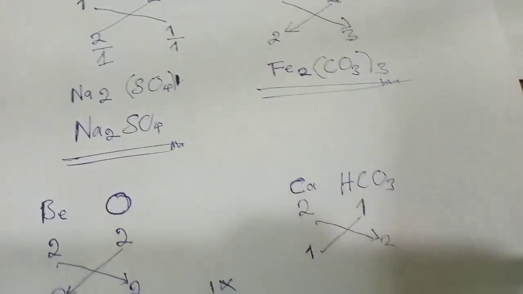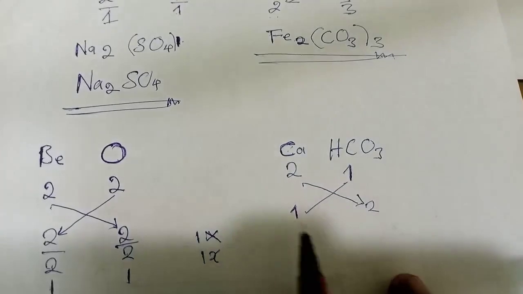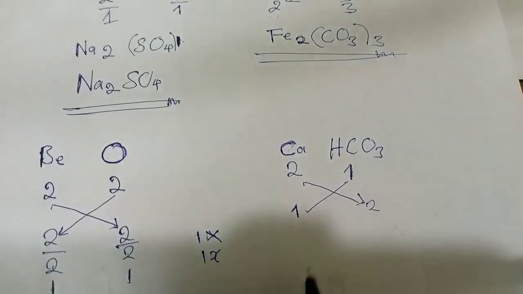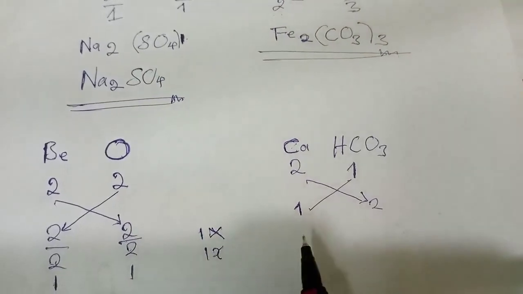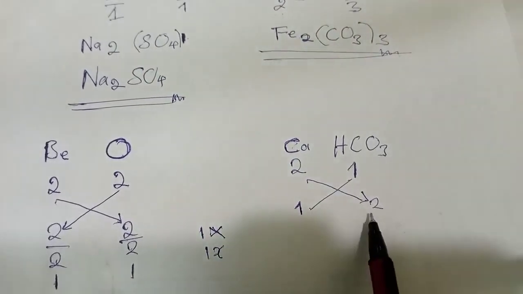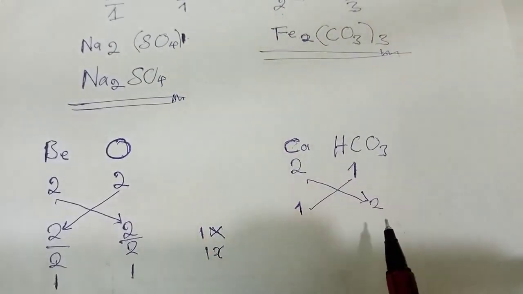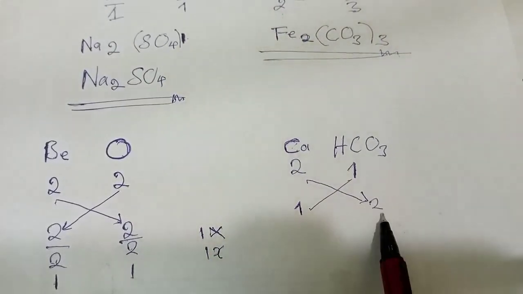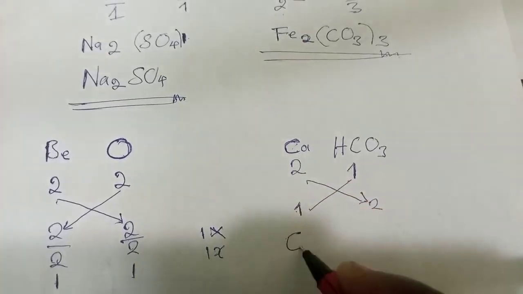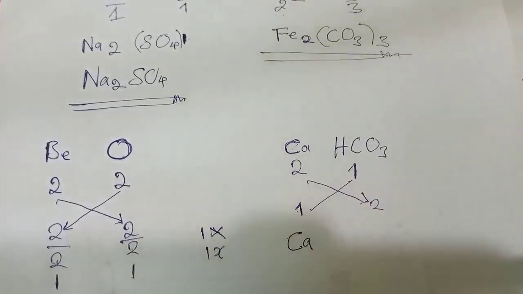If you look for a common factor, the number that you can divide into both numbers without leaving a remainder, that number is actually 1. When you divide 1 into 1, it gives you 1. When you divide 1 into 2, it gives you 2, meaning that these numbers will be just the same. So calcium will be just 1, like that.